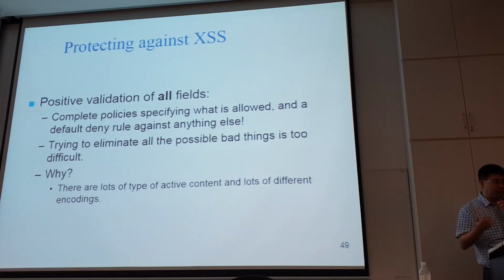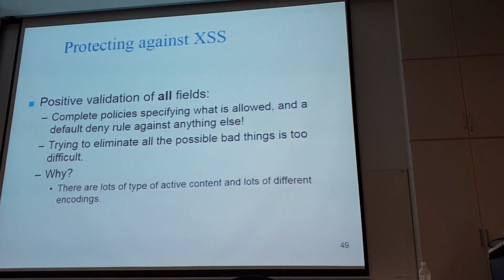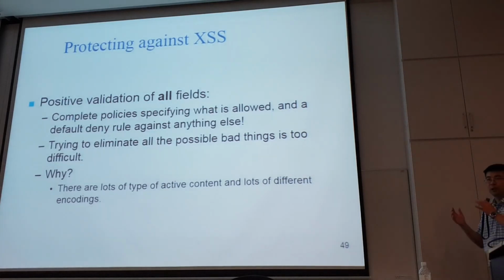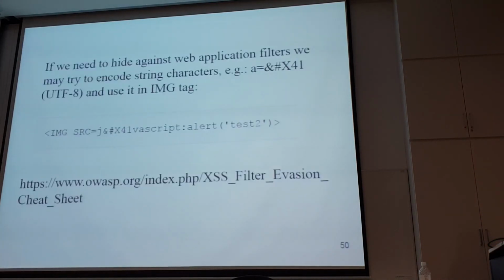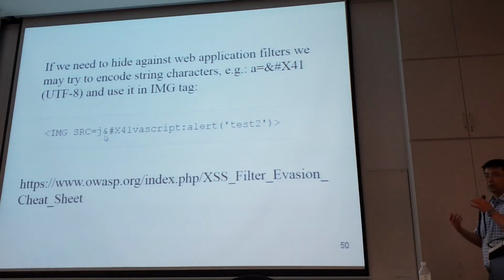However, the problem is this kind of screening or sanitization may not work, because there are a lot of encodings that can be used to bypass this kind of screening, right? For example, instead of using JavaScript, the attacker can change it by using a different encoding method. In this case, if you just search for JavaScript, you cannot find it.